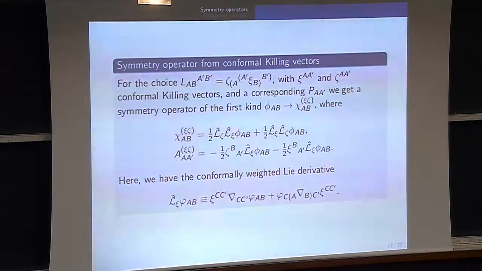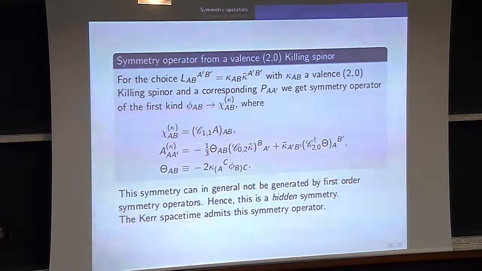If you have other spins, you get yet another term here. And the potential also has a very nice form. But here we see that we can split it up into first order operators. So this is not a particularly exciting case.